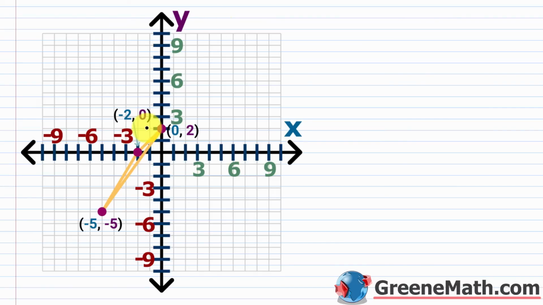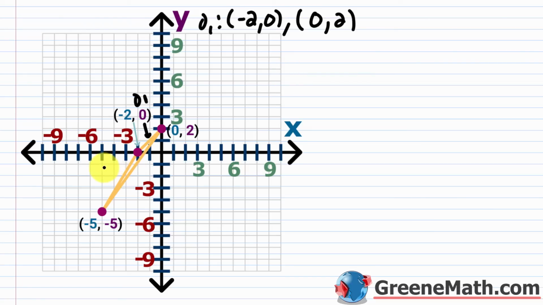So let's look at, I'm just going to call this piece right here, let's say D sub 1. So for D sub 1, this is going to be from -2 comma 0 going to 0 comma 2. And then for D sub 2, let's call that this piece right here. So D sub 2 is going to be from, let's see, -2 comma 0 going to this -5 comma -5.